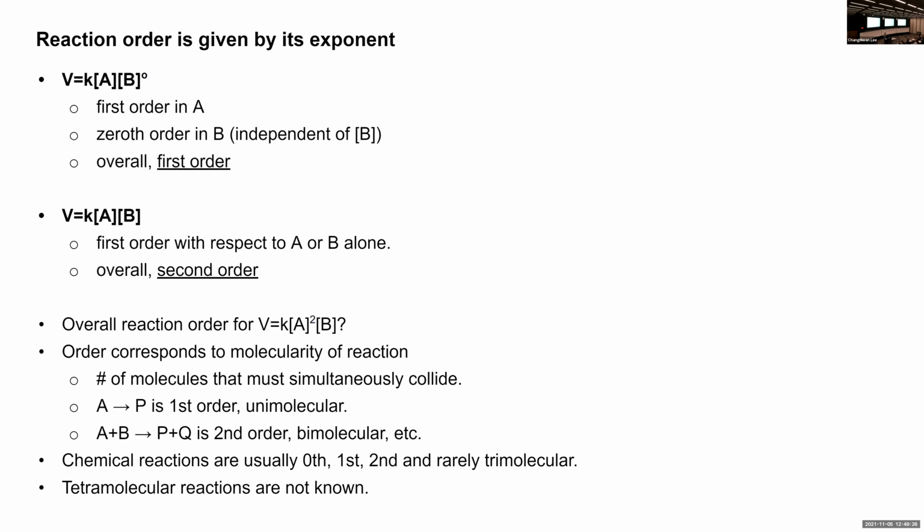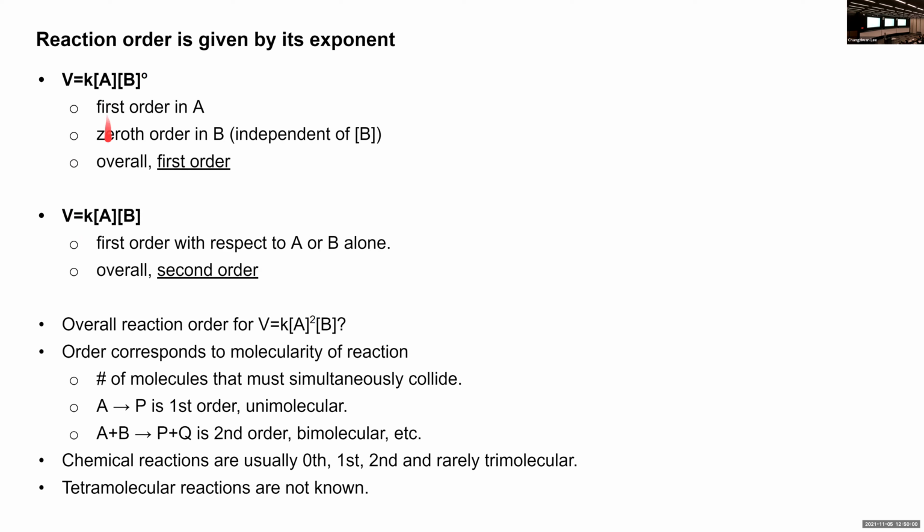It can be involved there, but will not change in terms of its concentration, or might not be involved at all. So this reaction will be first order in terms of A, because there's one A molecule involved, but zeroth order for the B molecule, so that means independent from B. But the overall reaction will be first order, right? Because A is one and B is zero. So that's going to be the addition of these exponents, basically.